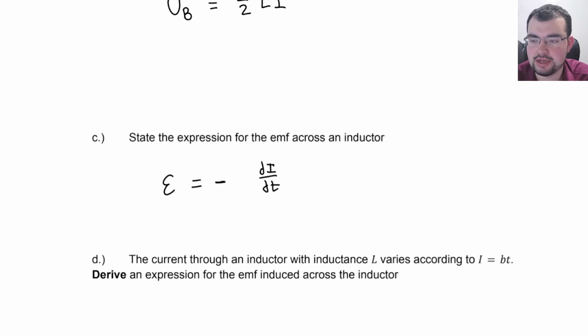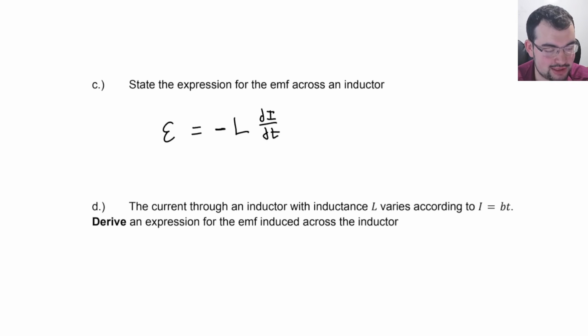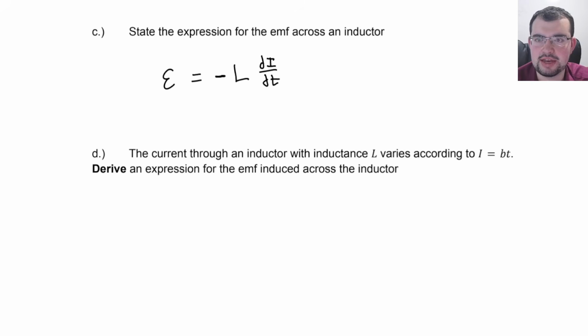And how good is an inductor at opposing that current change? Well, that's our proportionality constant L. So that's how we can sort of rationalize this formula, right? The EMF induced is going to oppose a change in current, and this L represents sort of the efficiency at doing that.